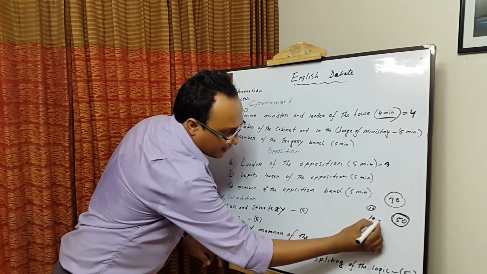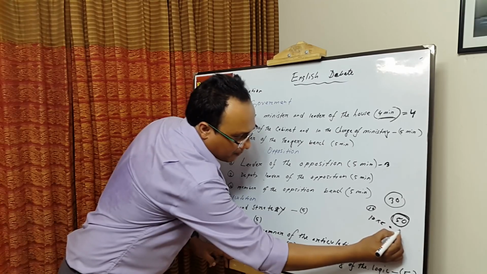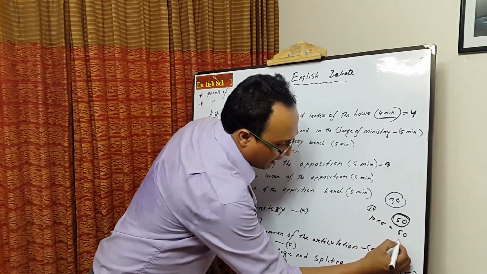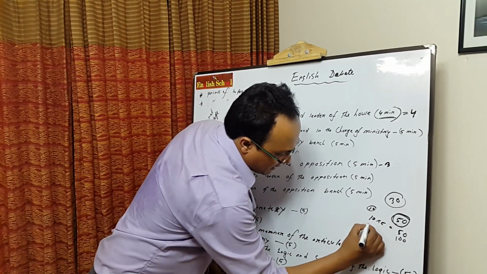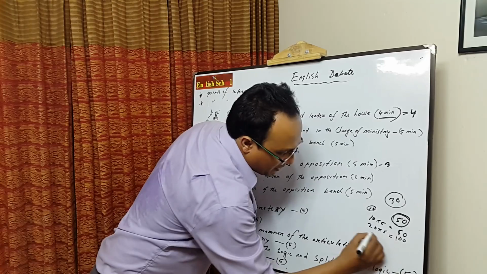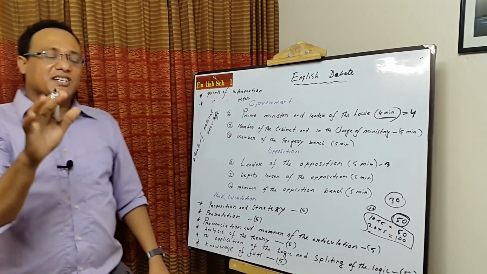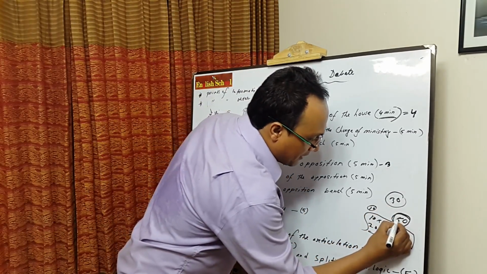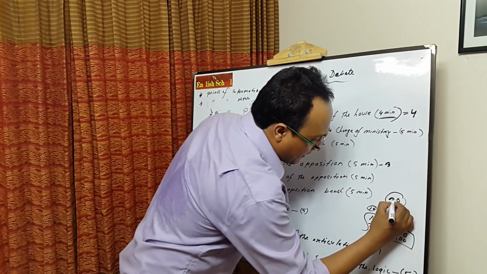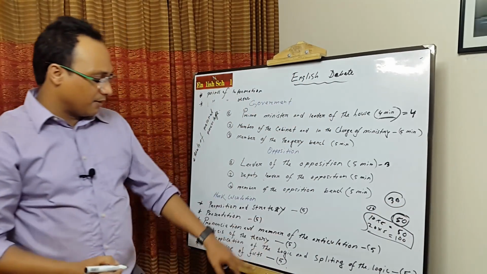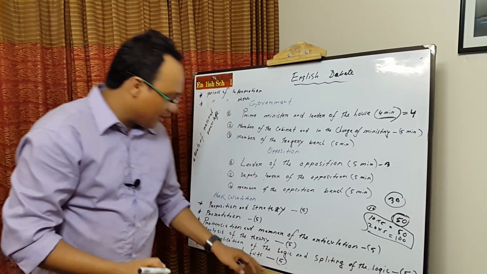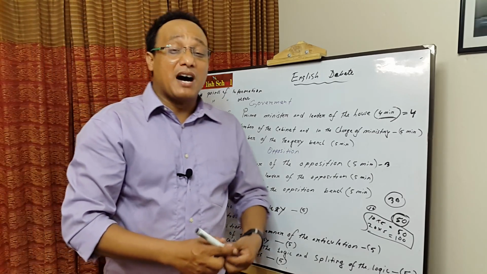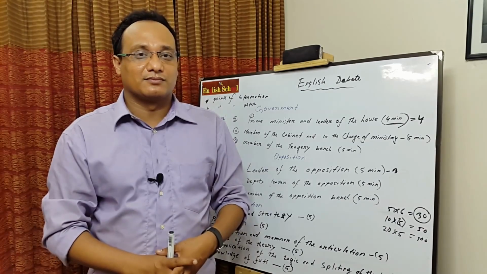Then 10 into 5 must be 50. Some debate programs also calculate 100 marks, 20 times 5 is 100. But internationally we use 30 marks: 5, 5, 5, 5, 5, and 5, whatever I have given here. In this way, the marks are calculated internationally.